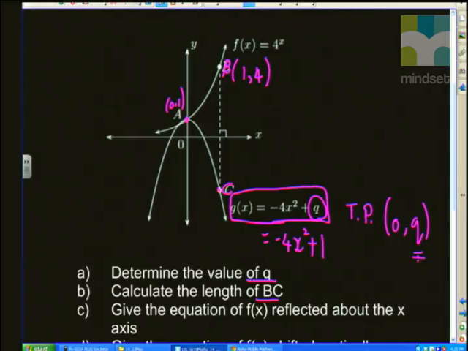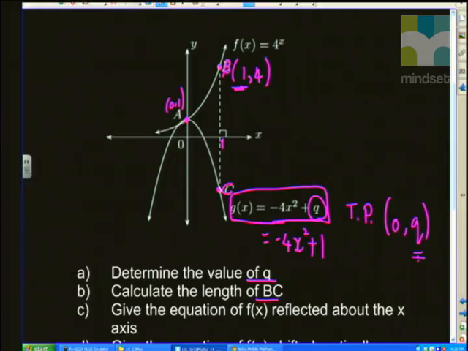These two points are joined by the same vertical line. That's very important, because if they are along the same vertical line, what does that tell you? The x value along this line is going to stay the same. So the x value anywhere along line BC is going to be 1.